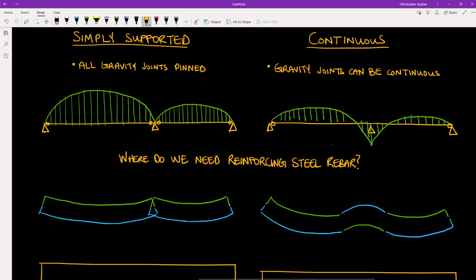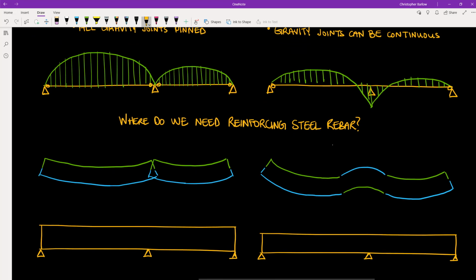Or if we look at the moment diagrams, as you can see for simply supported condition, we have very large positive moments here and here. Whereas with the continuous beam, we have much lower positive design moments. However, we do also have this negative moment over the support. And that negative moment is very important to consider when we look at the layout of the reinforcing of our concrete element.